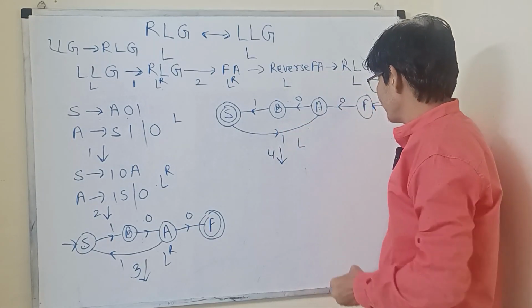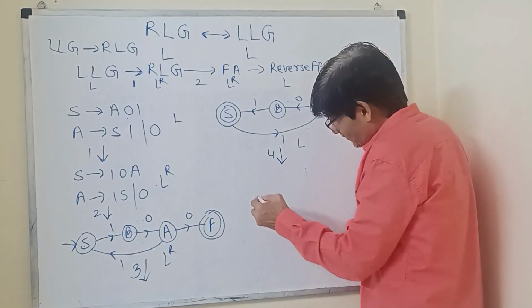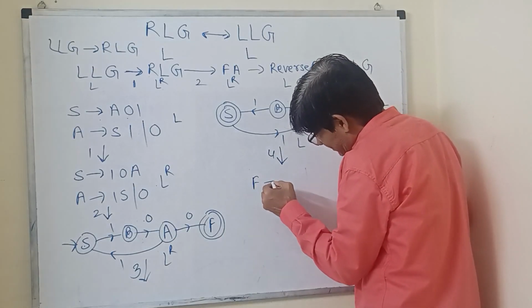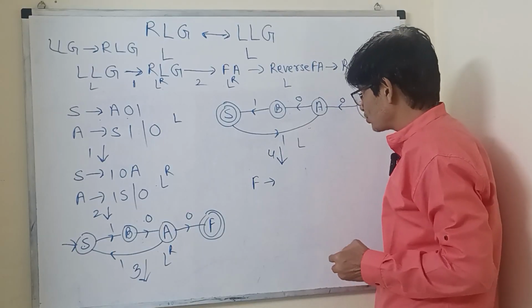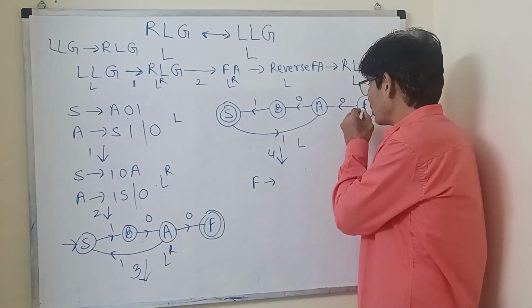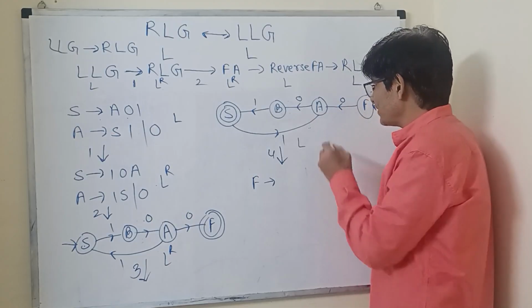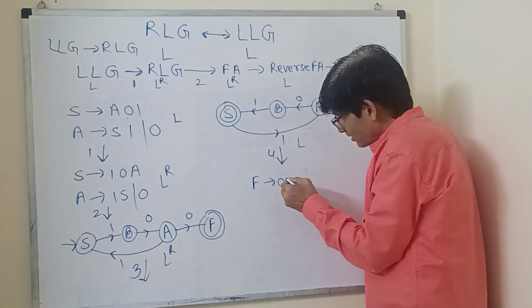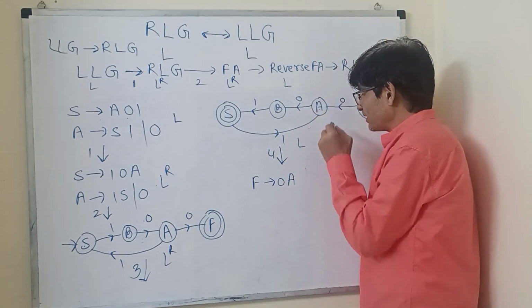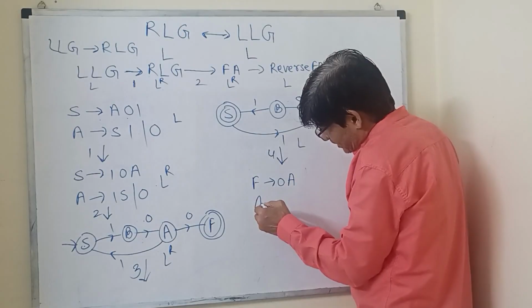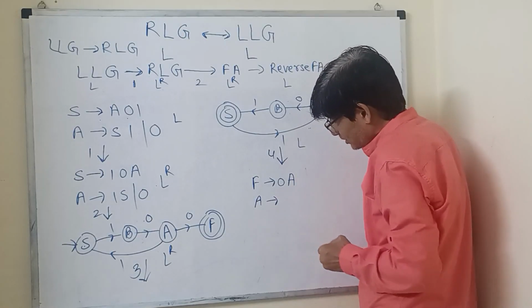We will start from the initial state F here. F is our initial state, so I can write equivalent production rules for this state. On F, we are applying 0, so we are moving to A. So I can write F gives 0A. Then we will convert all transitions of A to production rules.